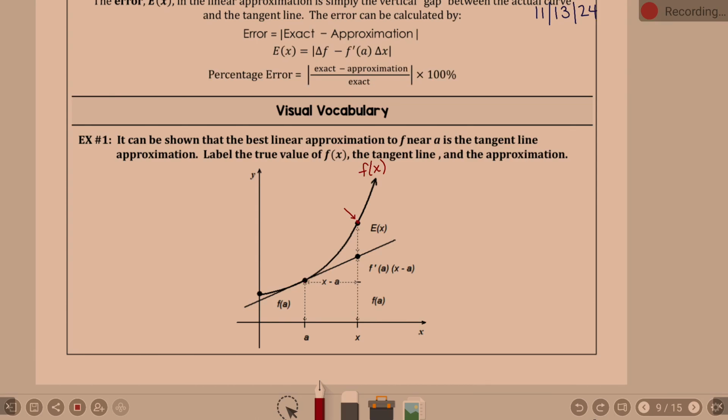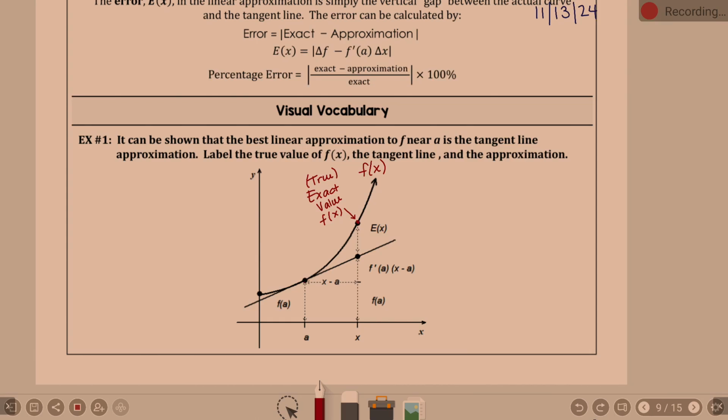This is your exact value, or your true value, because that is f(x). When you plug in whatever x is, that is the exact value at that point on the curve.